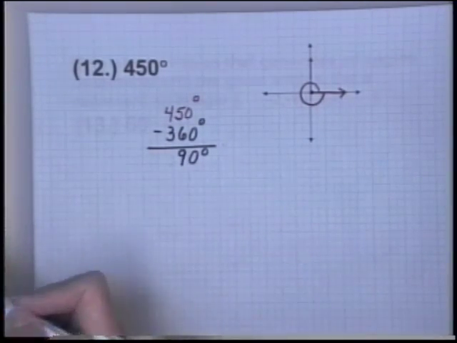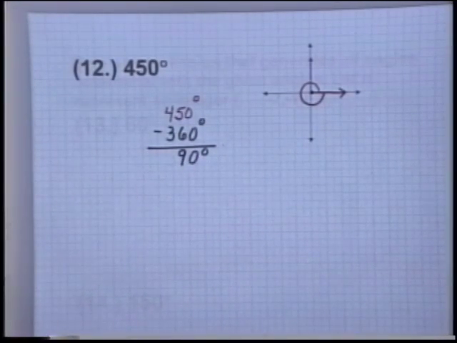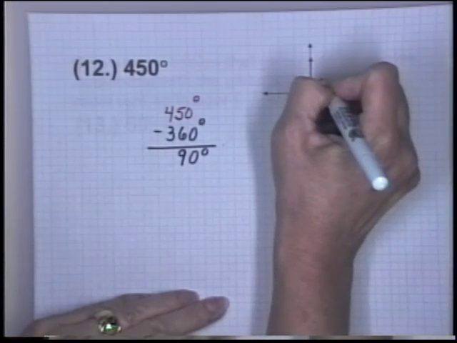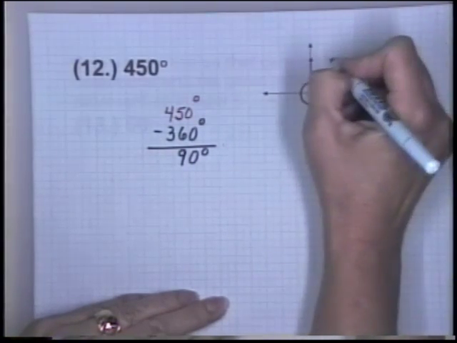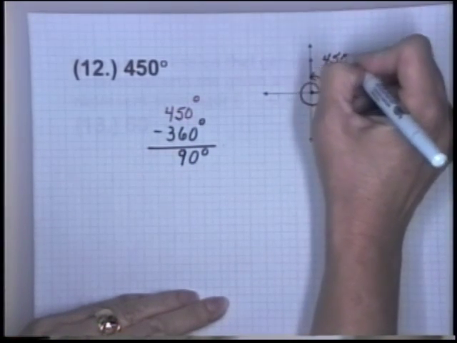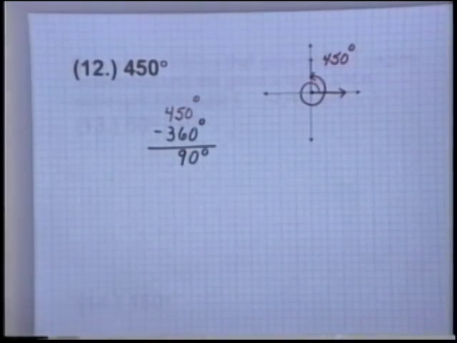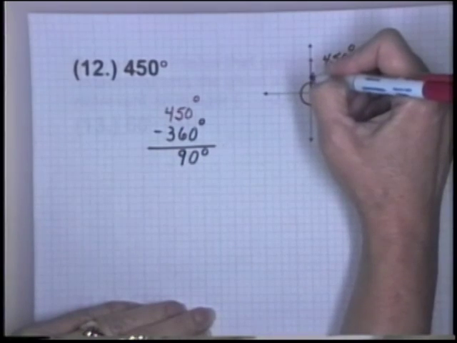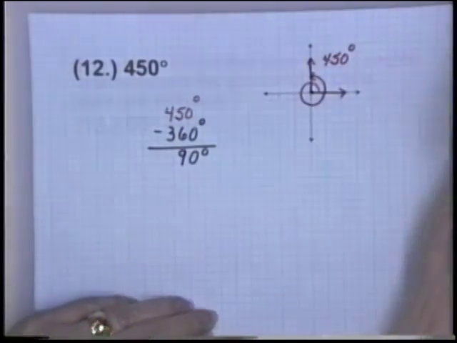So what we found is that for this 450 degree angle, we'll rotate 360 degrees and then 90 more degrees. And that would be a quadrantal angle because its terminal side is on the positive y-axis.